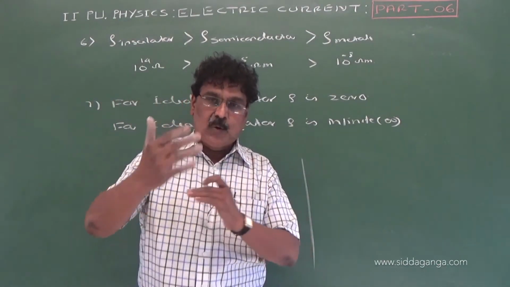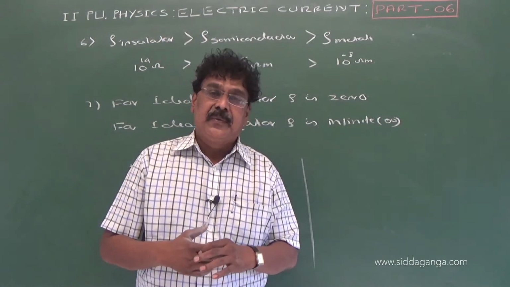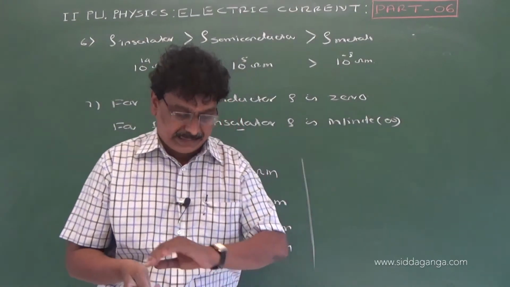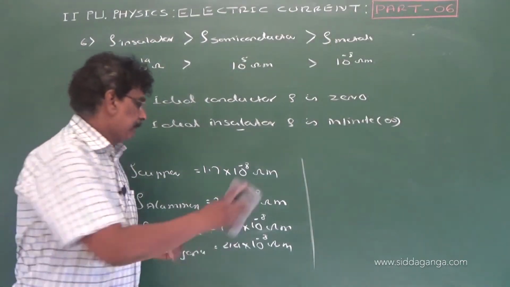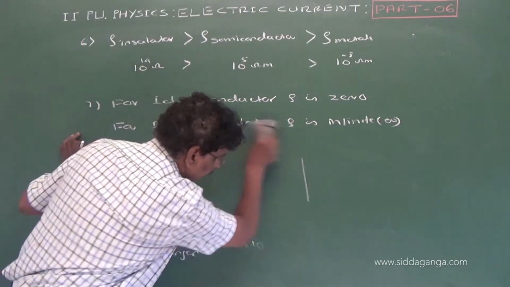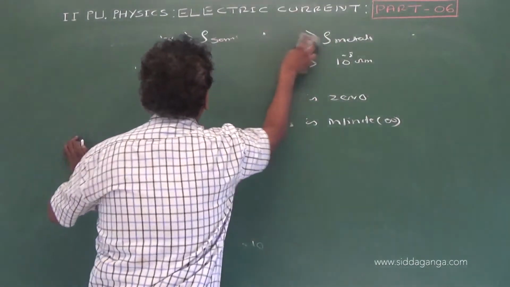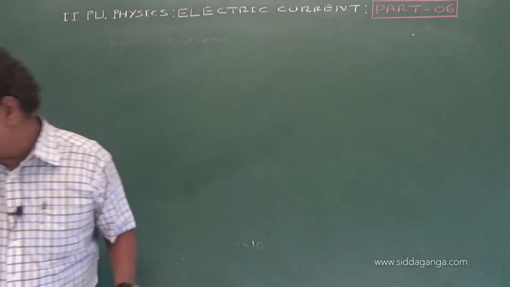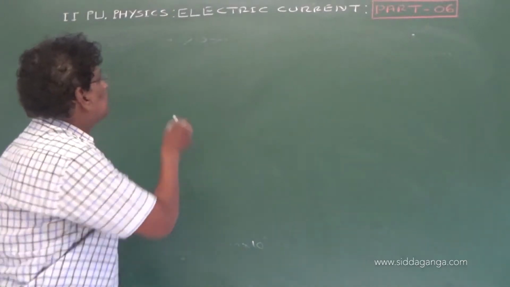When we go to the practical application of a resistor, we should have an idea how the resistance of a conductor changes. And another thing is why the resistance of a conductor increases with increase in length.